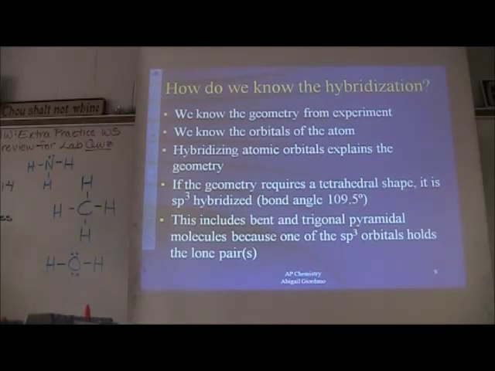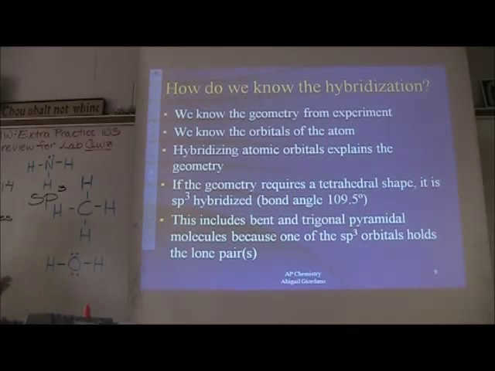Look at it for a second. Okay, all of them have four sides occupied by something. Not necessarily all of them have four shared pairs, but all of them have four sides occupied. And ladies and gentlemen, that means all of these examples are also sp3 hybridized.